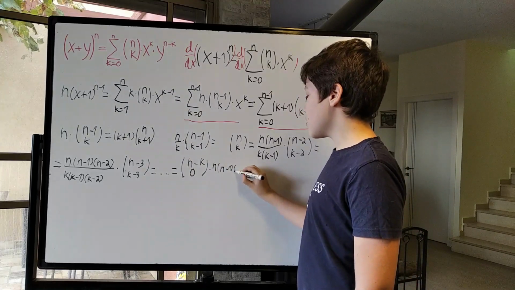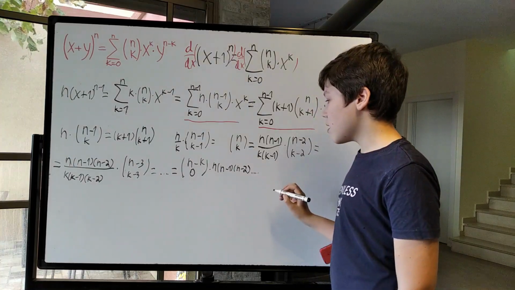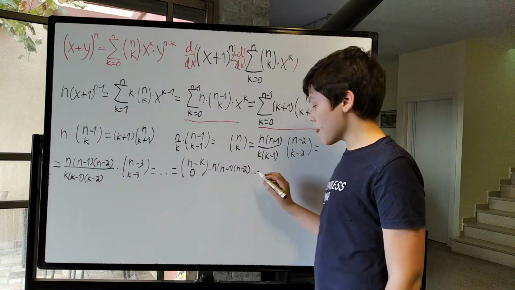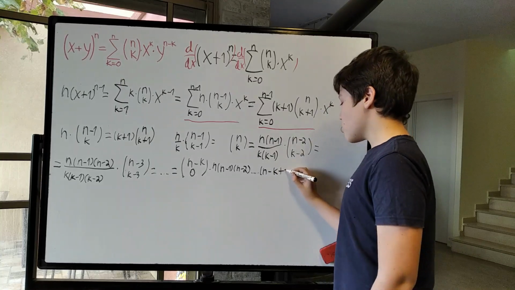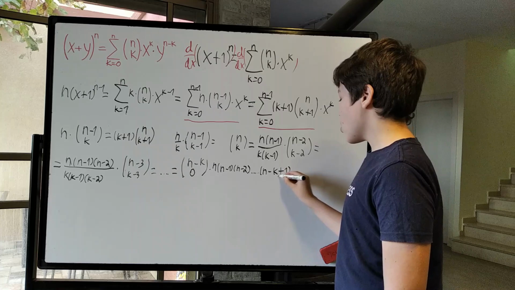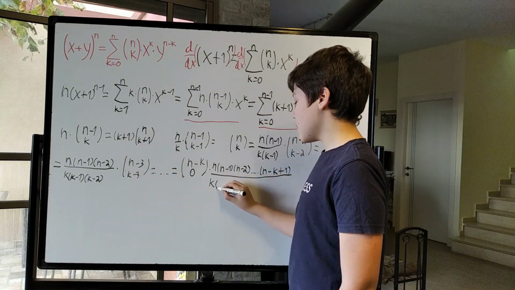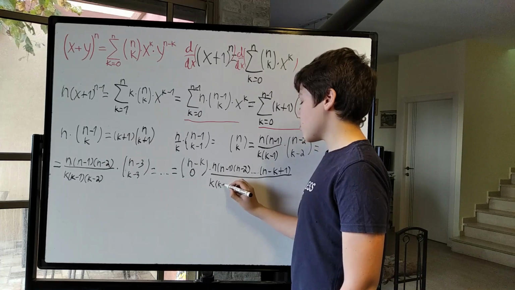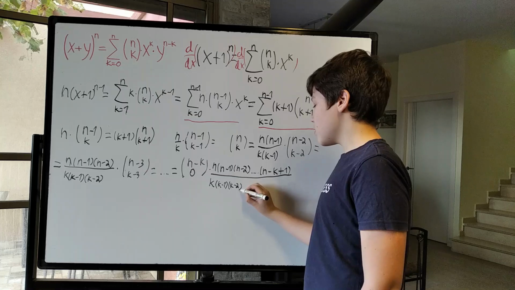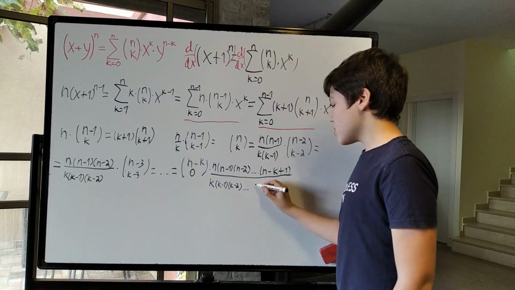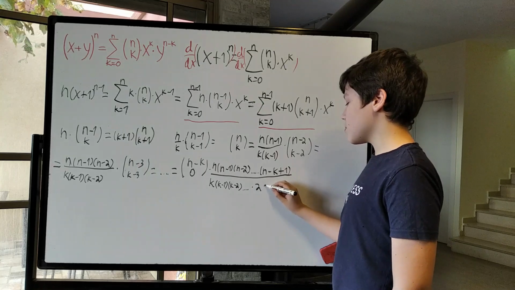times we will have n times n minus 1 times n minus 2, on and on and on, until n minus k plus 1, over, on the bottom, we have k times k minus 1 times k minus 2, on and on and on, till we have times 2 times 1.